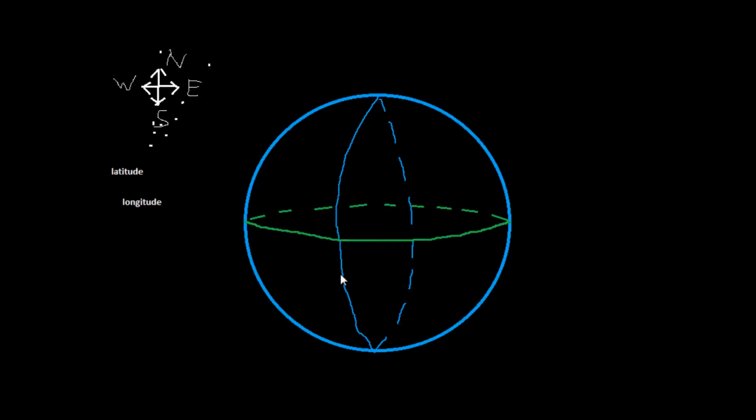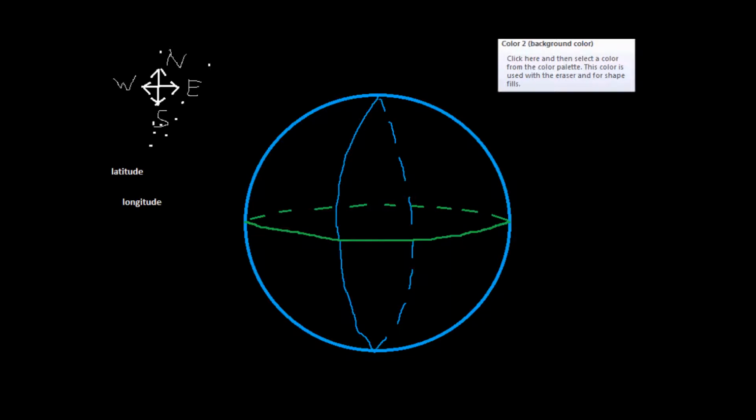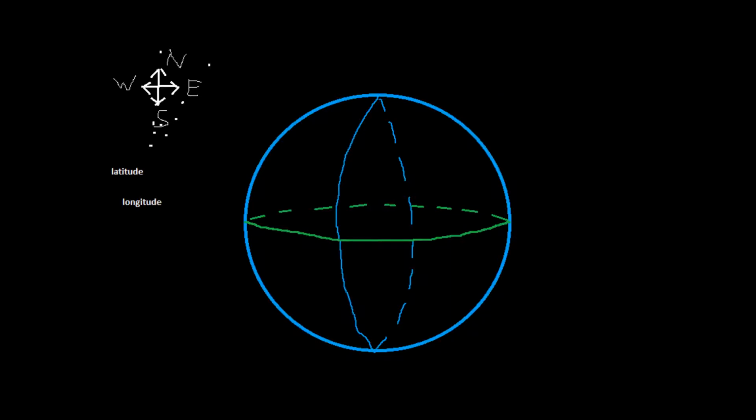So, to help us determine our position on the Earth, scientists have imagined dividing our Earth into little areas. They have divided the area between the equator and the North Pole into 90 degrees, and the area between the equator and the South Pole into 90 degrees also.